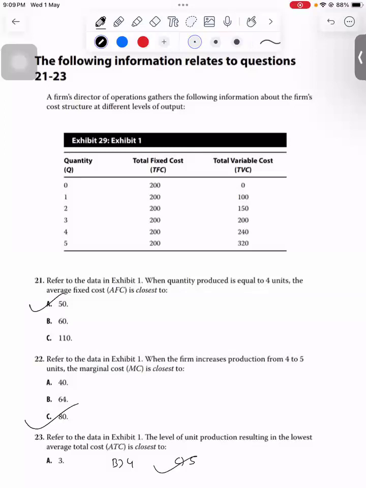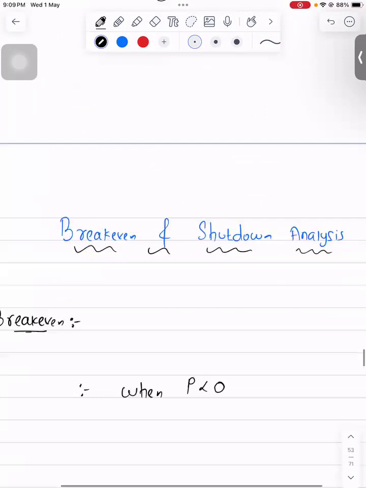Yes, 23rd C is correct. So everyone got correct answers A, C, C. Okay, we will move to next part now.